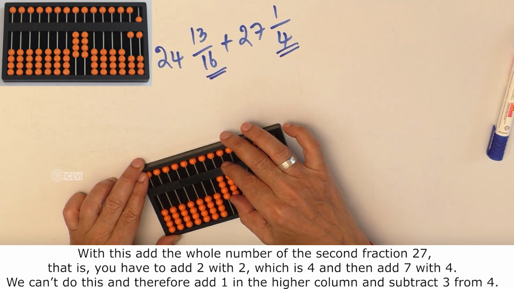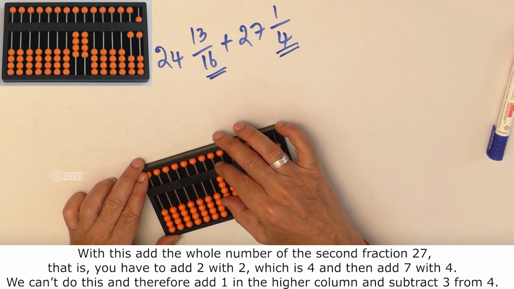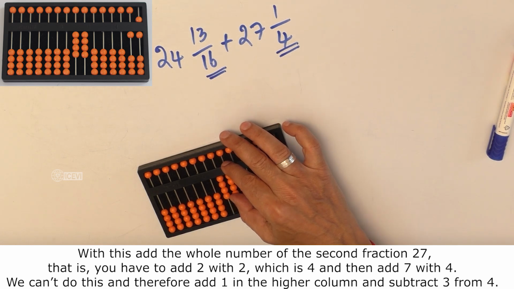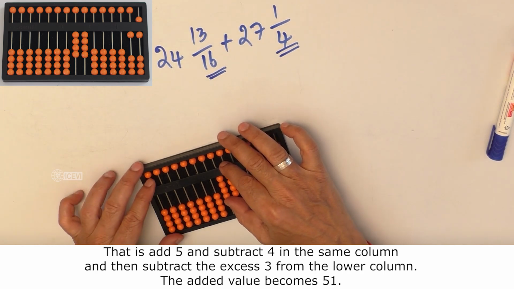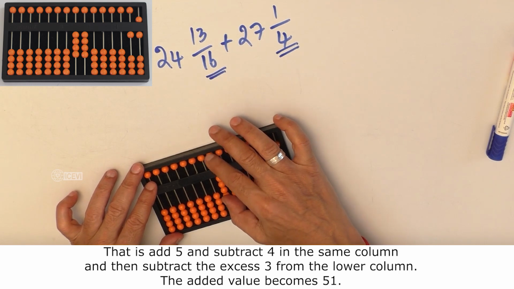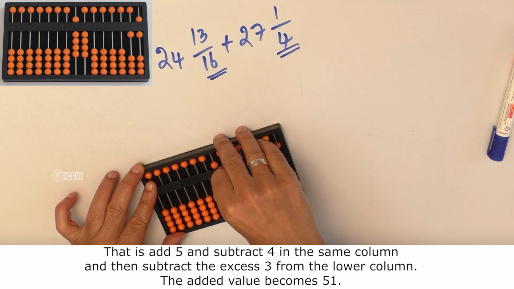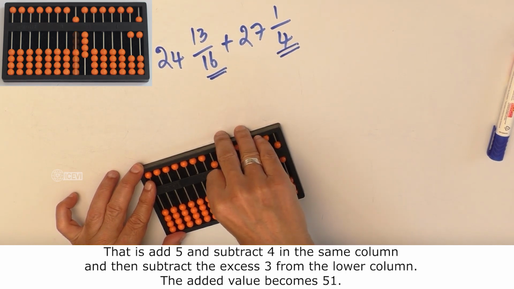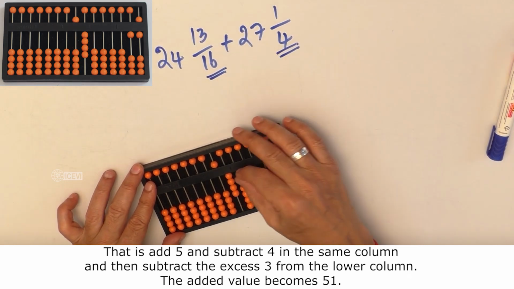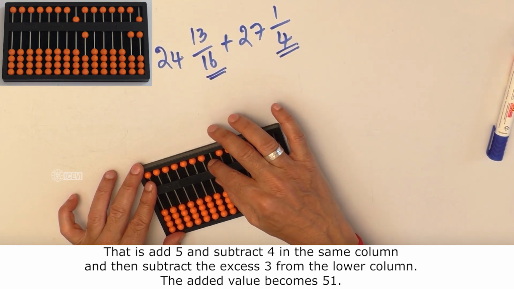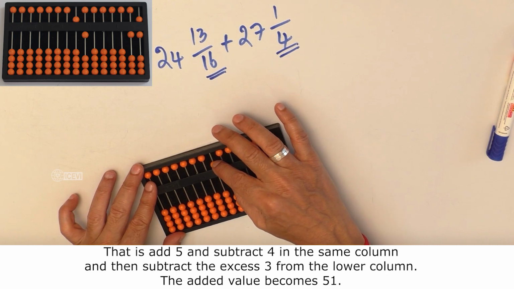We can't do this, and therefore add 1 in the higher column and subtract 3 from 4. That is, add 5 and subtract 4 in the same column, and then subtract the excess 3 from the lower column. The added value becomes 51.